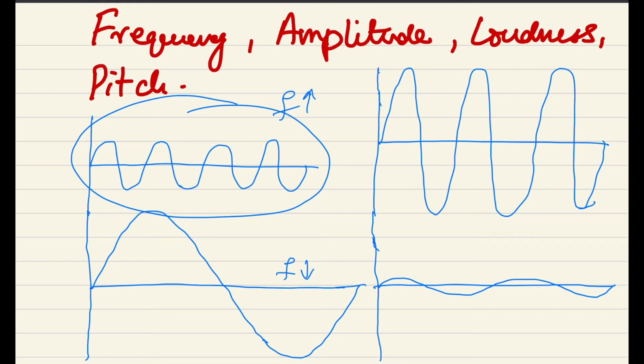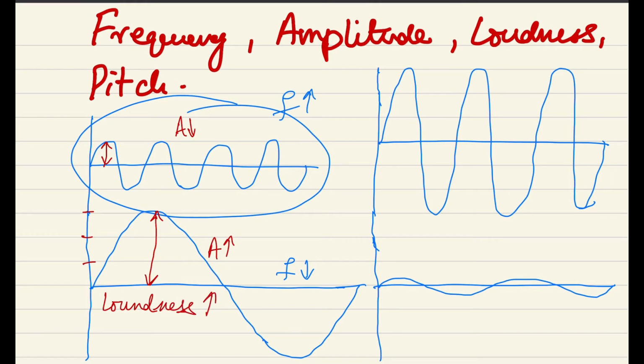Now let's compare the amplitude. Now look at the distance from the mean position. So the distance of this wave from the mean position is over here, 1 unit you can say, and the distance from the mean position of this wave is 3 units. 1, 2, 3. So this wave has more amplitude and this one has lower amplitude. So we will say that the loudness of this wave is greater.